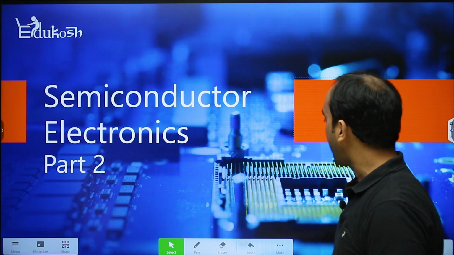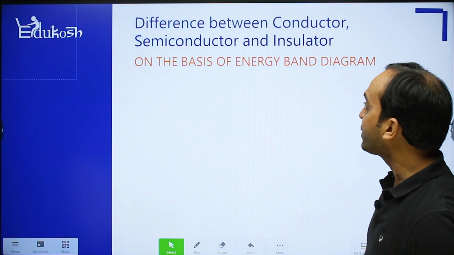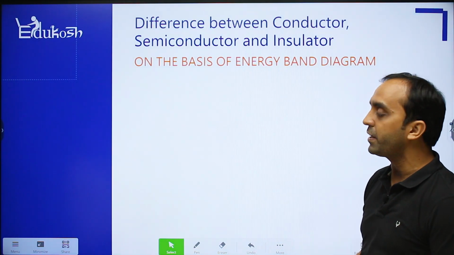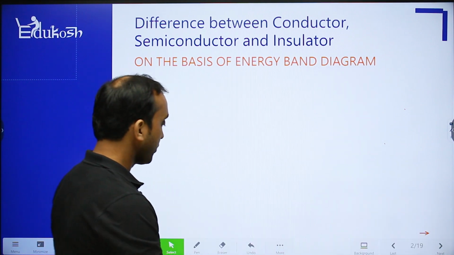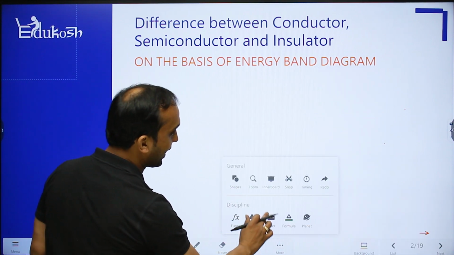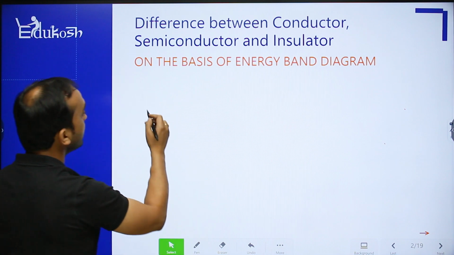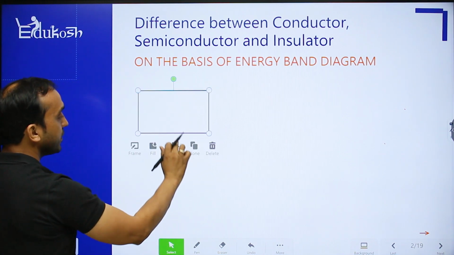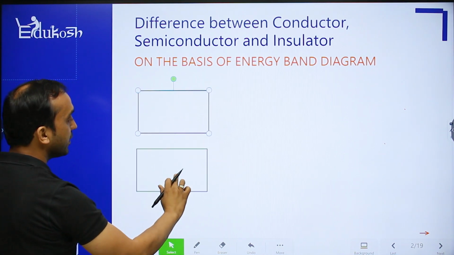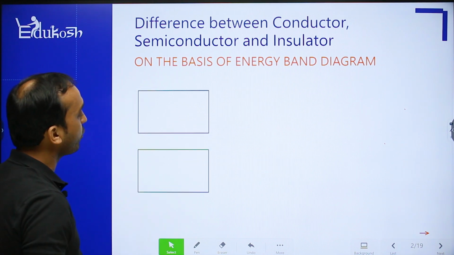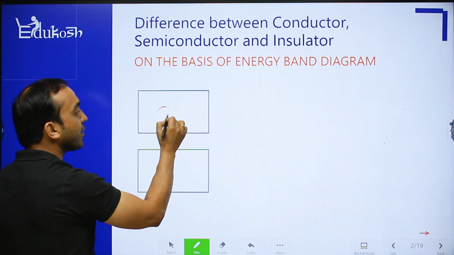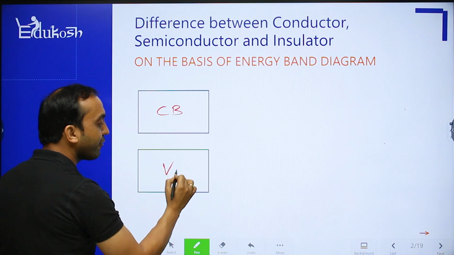Fine, let's start. So the first thing, the difference between the conductor, semiconductor and insulator. Let's draw the energy band diagram for each. For the semiconductor, this is our conduction band, and this is our valence band.